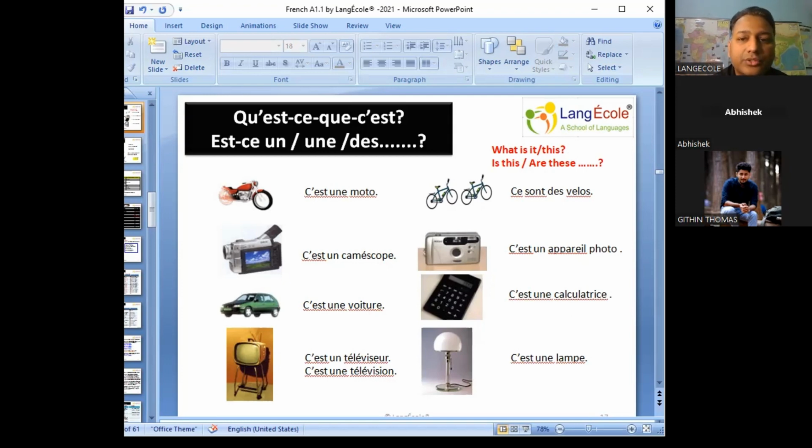In this case, you see, there is a liaison formed between the T and the U, and that's how it becomes c'est une moto, c'est un caméscope, c'est un stylo. Right? Yes. Very good. So this way, now I want you guys to ask each other a few questions and answer.